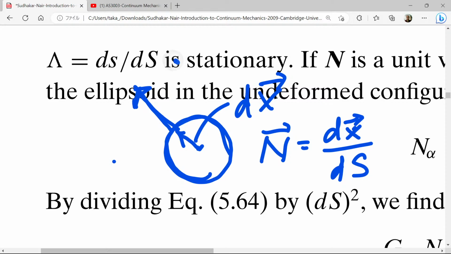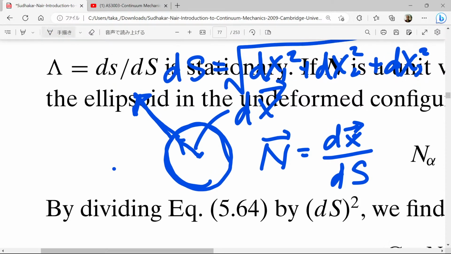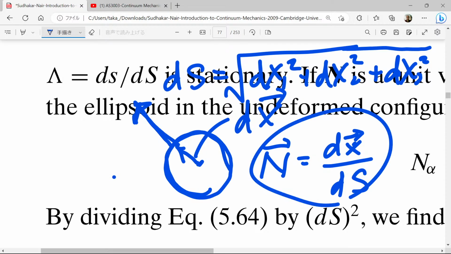Because ds is something like this: square root of dx1 squared plus dx2 squared plus dx3 squared. This is just the length of dx. So this is the unit vector.